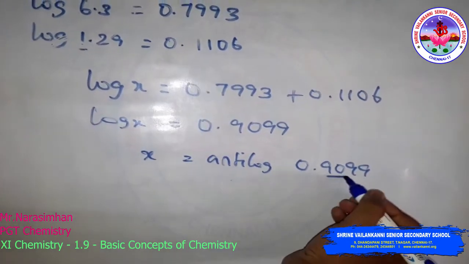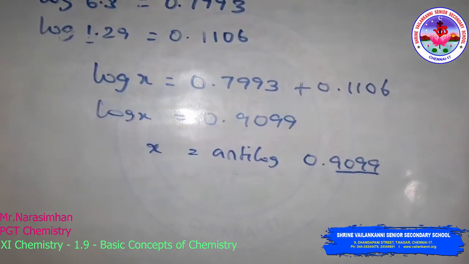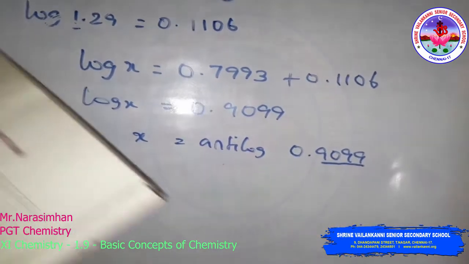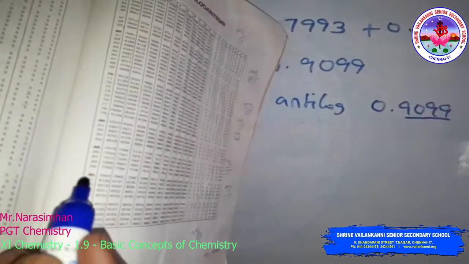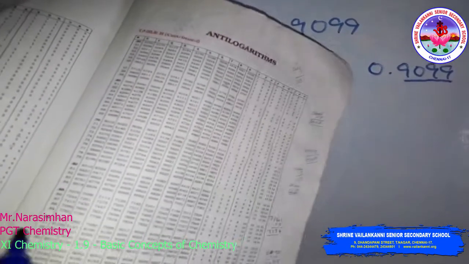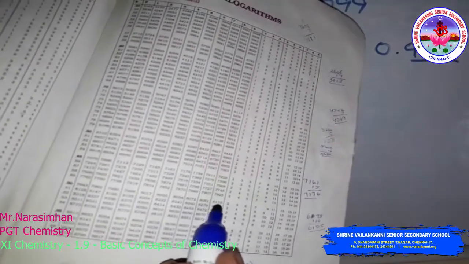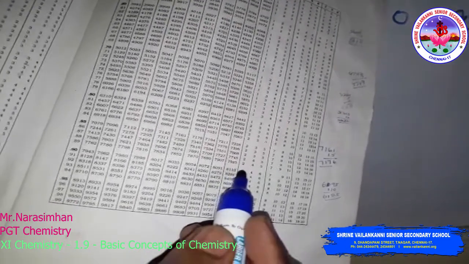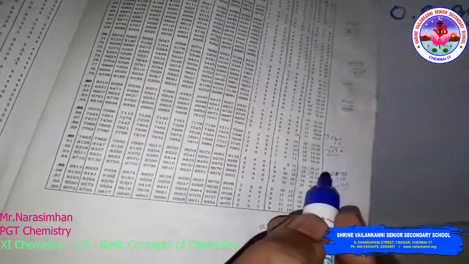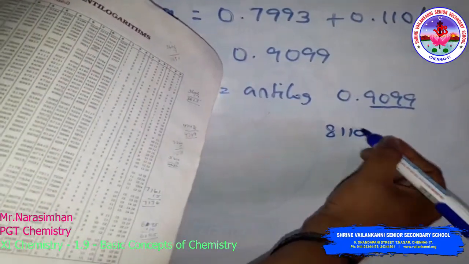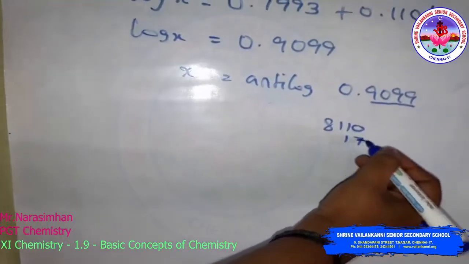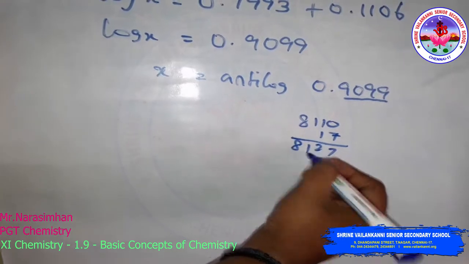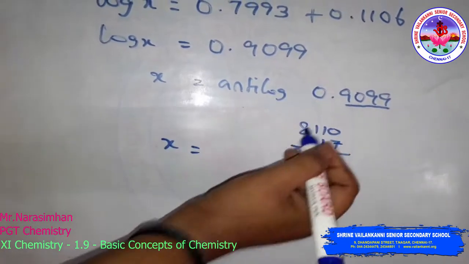Anti-log means you take the mantissa, the digits after the decimal point. So the anti-log of 90 is 8110, and the mean difference for 9 is 17. So 8127.